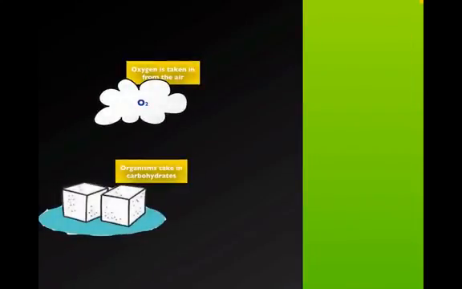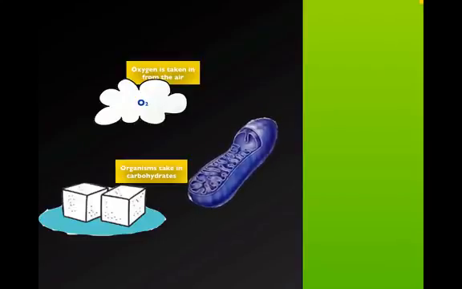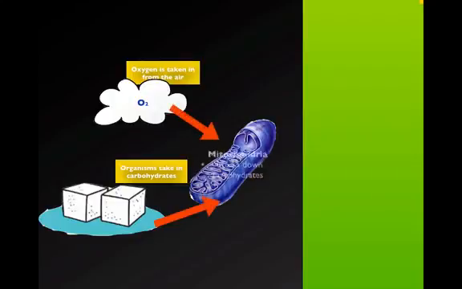So here's a graphic look at respiration. So oxygen is taken in from the air, and then an organism takes in carbohydrates from plants or by eating other animals or something like that. And the mitochondria takes in those things and it breaks down the carbohydrate.